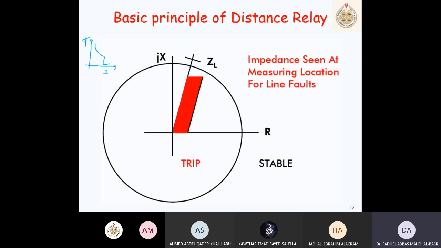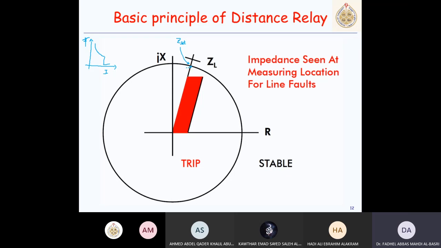It has a setting. This is the setting, Z set, the reach beyond which I will declare there's a fault.